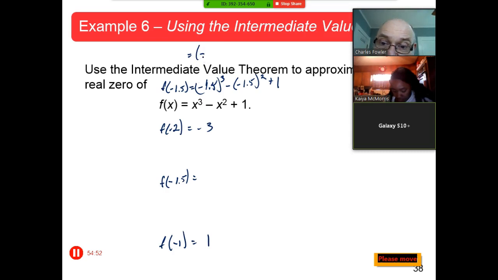I know it's going to be maybe about 2 point or 3 point something. Say again? A little louder. Negative 3.75.